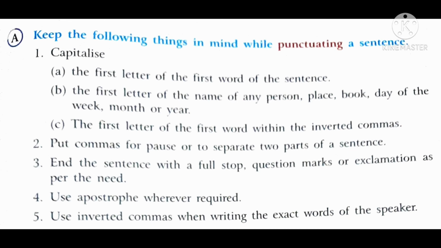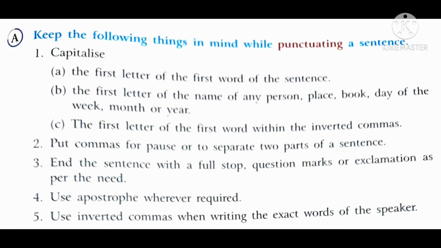Now the next one B, the first letter of the name of any person, place, book, day of the week and month of the year. So we have already learned that if we are writing any person, place, book, days of the week, month, year, country, movies, places, names, we should always write the first letter of them in capital letter.